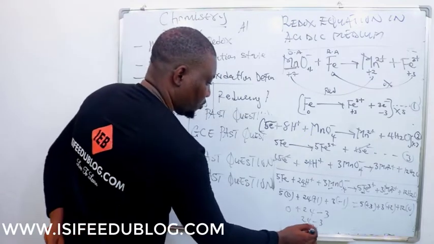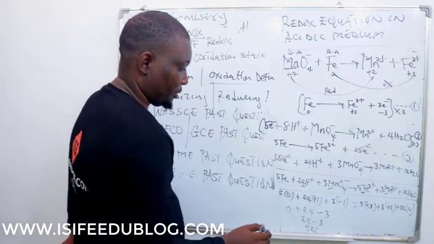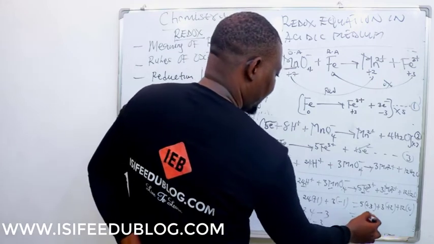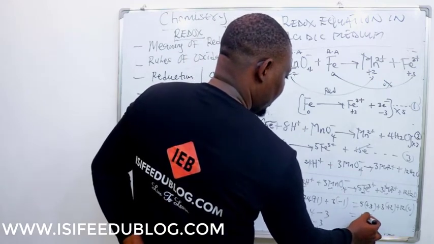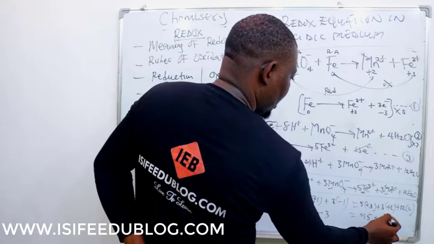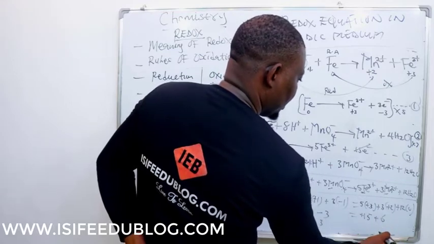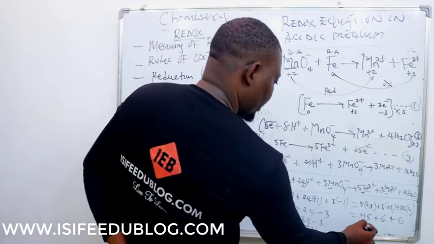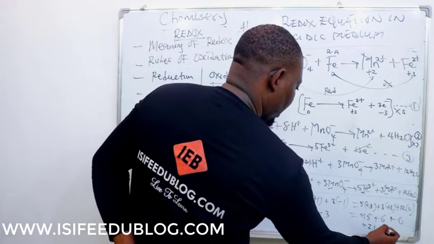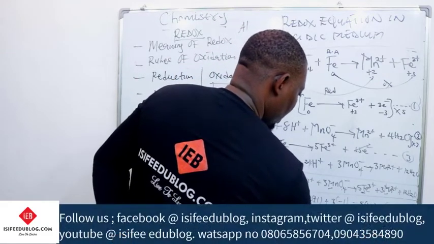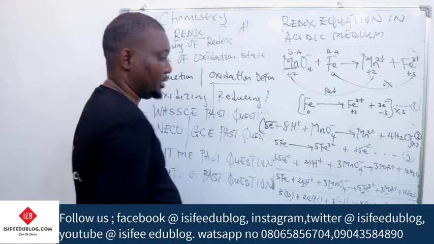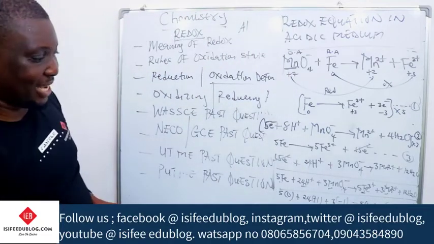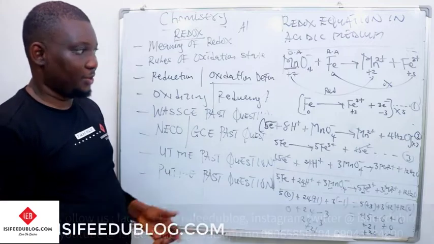So you have a total of +21 charge here. Let's see if we have the same on this side. Here we have 15 plus 6 plus 0, so we have +21. So both sides are balanced, both atomically and ionically.